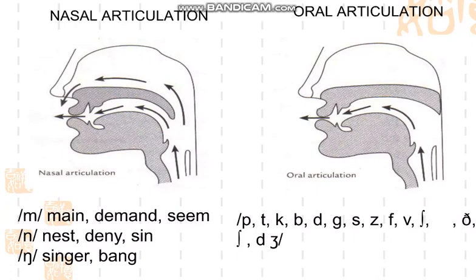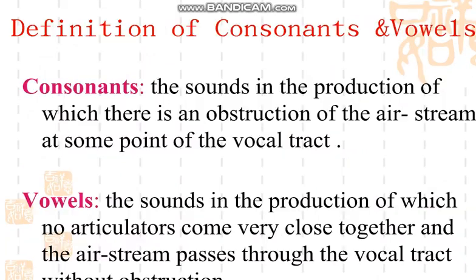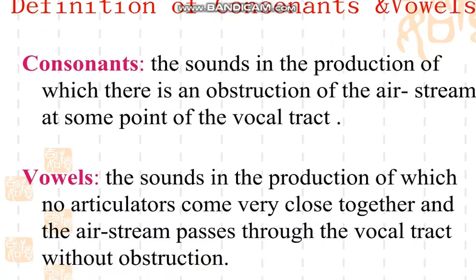Consonants and vowels both emerge from here. Consonants are the sounds in the production of which there is an obstruction of the air stream at some point of the vocal tract, and vowels are the sounds in the production of which no articulators come very close together and the air stream passes through the tract without obstruction.